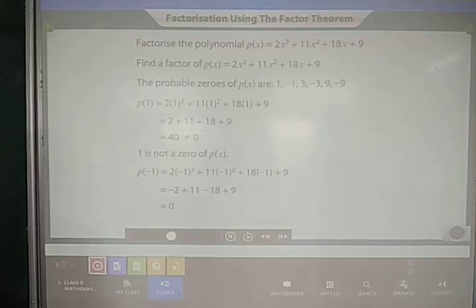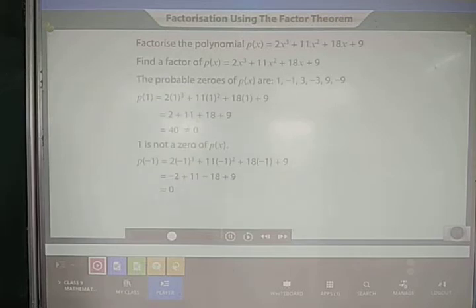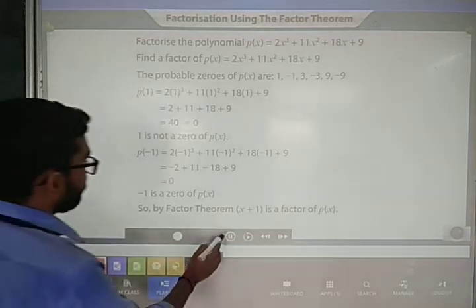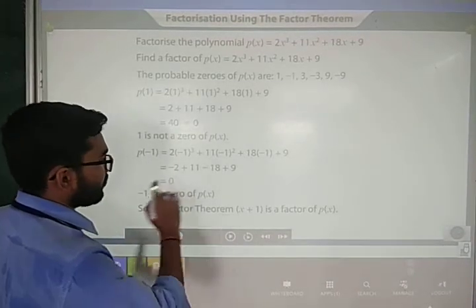This simplifies to 0. Since the value of p(x) becomes 0 at x equals minus 1, this means that minus 1 is a zero of the given polynomial. So, by the factor theorem, x plus 1 will be a factor of the polynomial p(x).